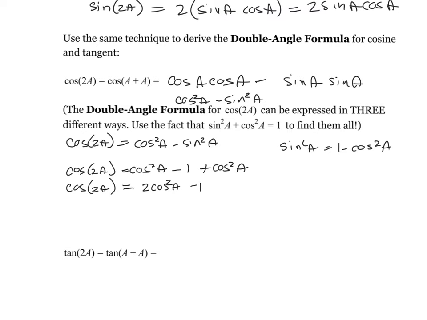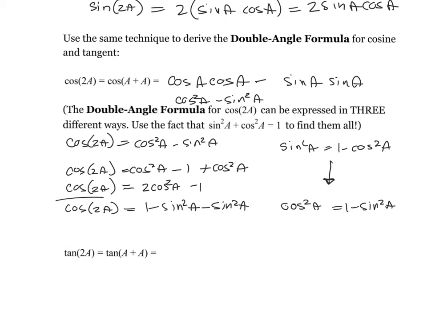So just as I rewrote the Pythagorean identity up there, I can rewrite it again in a similar way, solving for cosine squared. It's because cosine squared of a equals 1 minus sine squared of a. And that leads me to yet another version of this double angle formula for cosine. So cosine of 2a equals 1 minus sine squared of a minus sine squared of a.